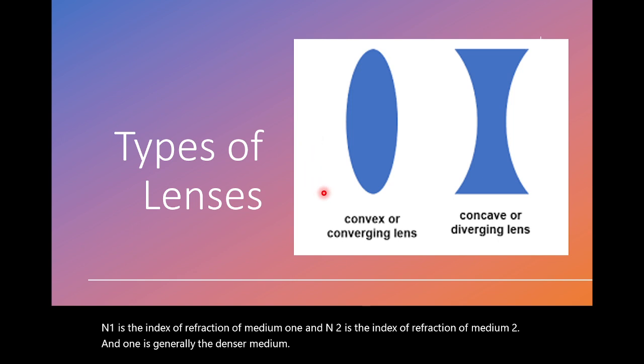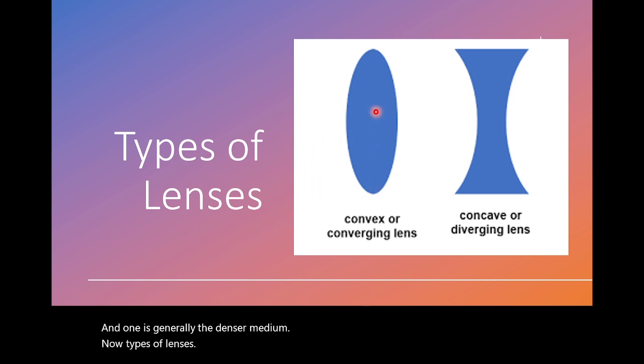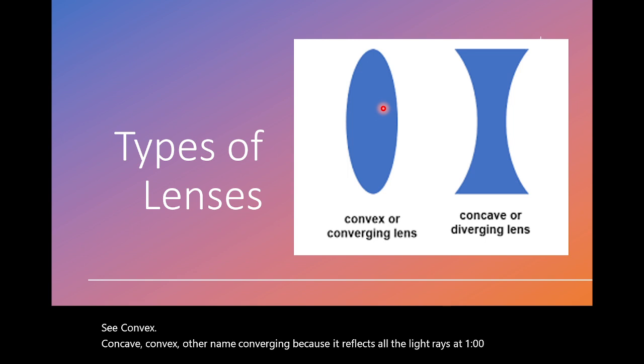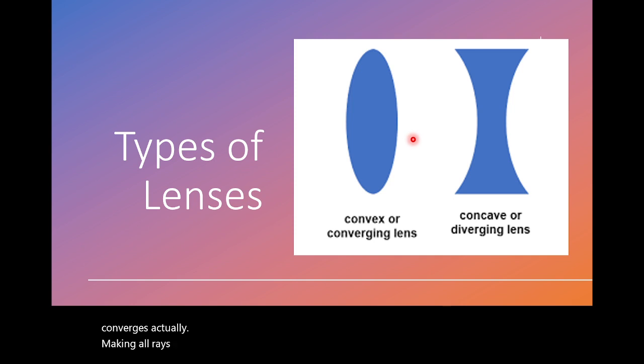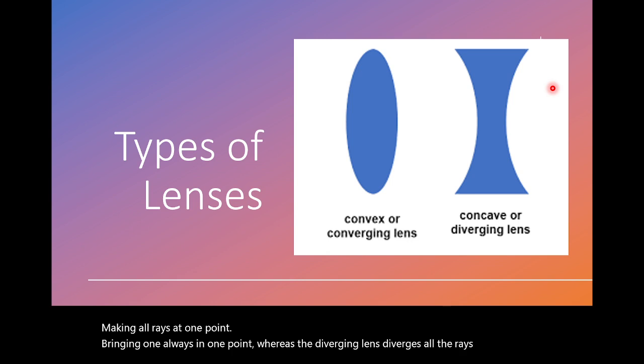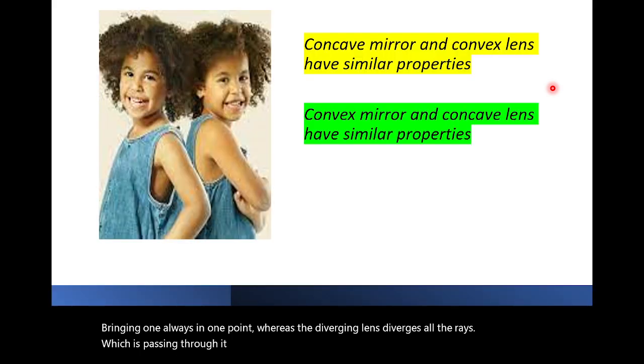Now, types of lenses. See, convex and concave. Convex has another name, converging, because it refracts all the light rays to one point. It converges, bringing all rays to one point, whereas the diverging lens diverges all the rays passing through it.